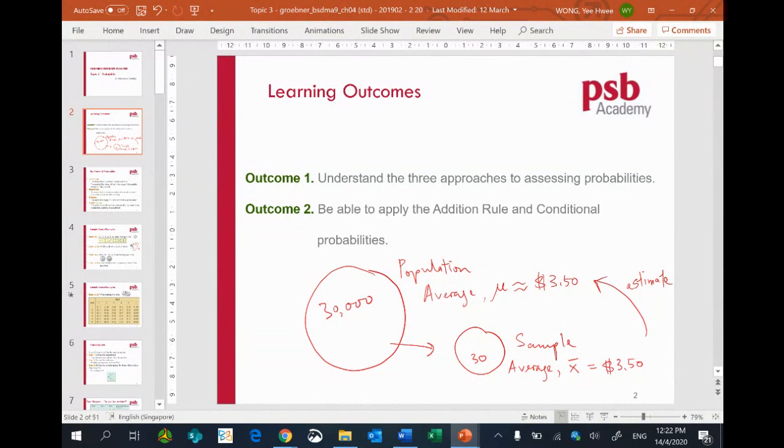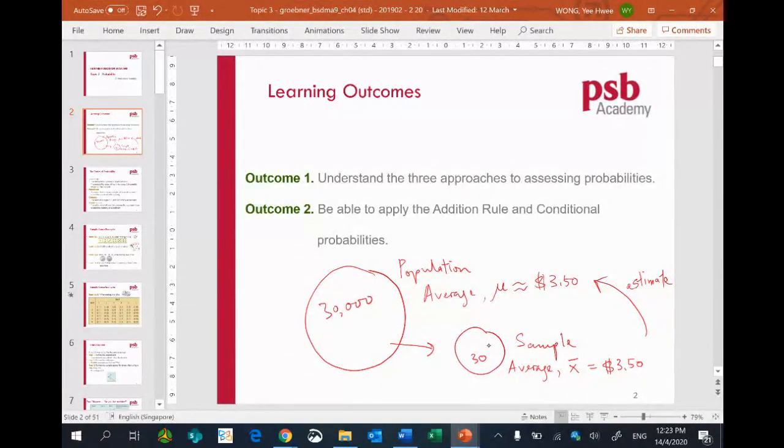So you see that when you do an estimation, this is an equal sign. Is this exactly 350 cents? We know it cannot be. Most of the time it won't. Why? Because we only rely on 30, but there are 30,000 here. It can only give you an idea about the whole thing, but it may not be exactly $3.50.